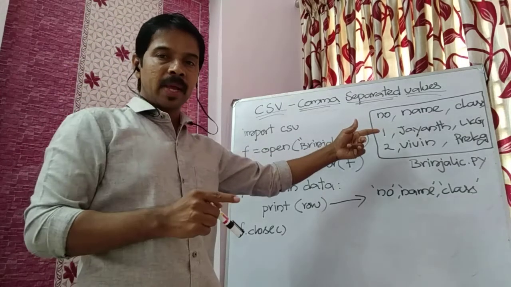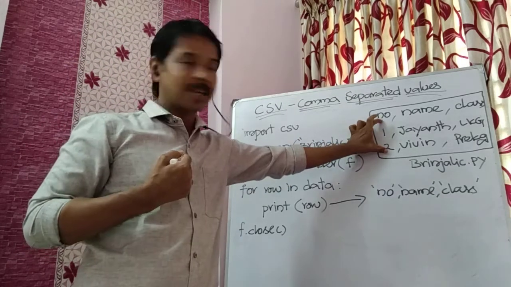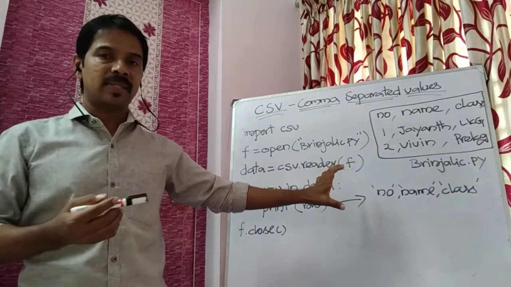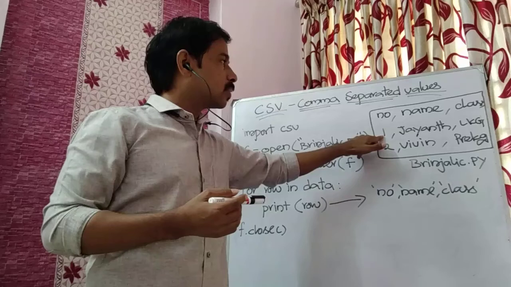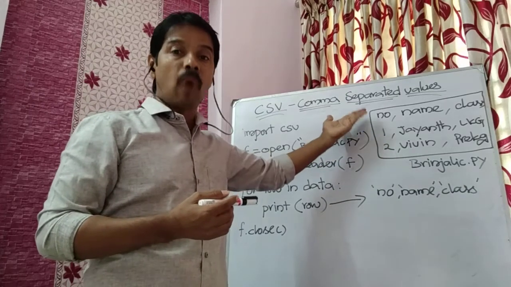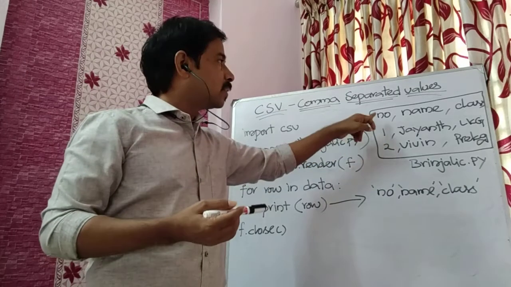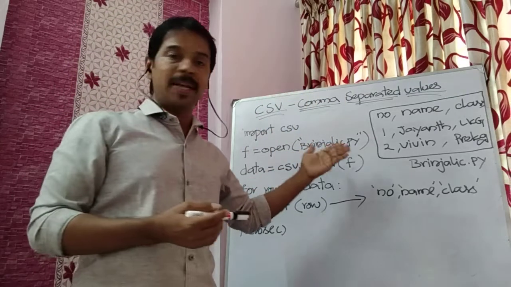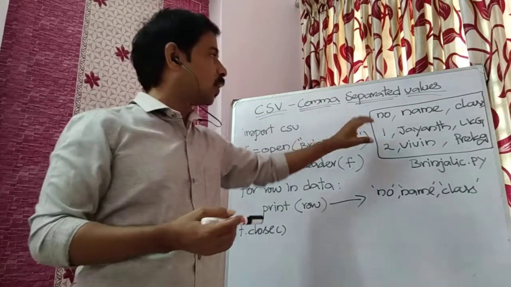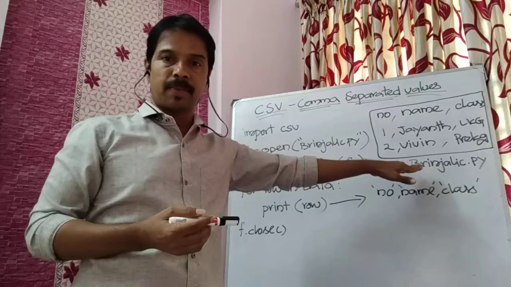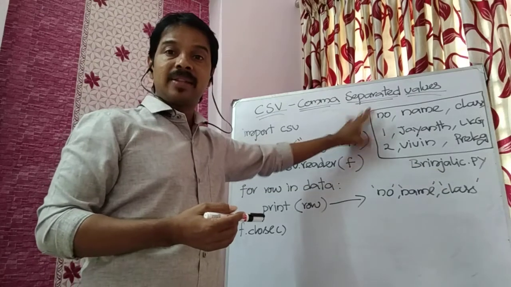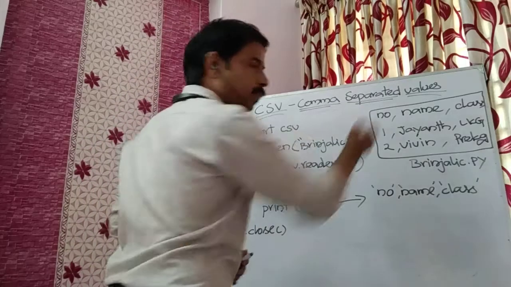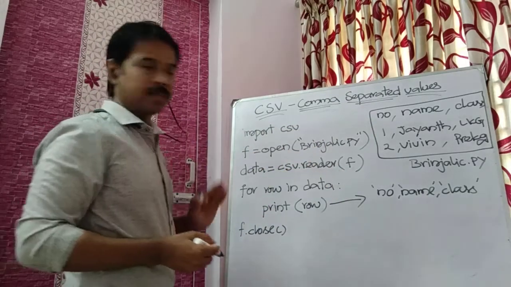Why? Because the records are what get printed on the screen, but at the same time we need to know what each field belongs to. That is why number, name, class also has to be stored as the first record. So assume the brinjali.py file has three records. How will these three records print? Now we will see.